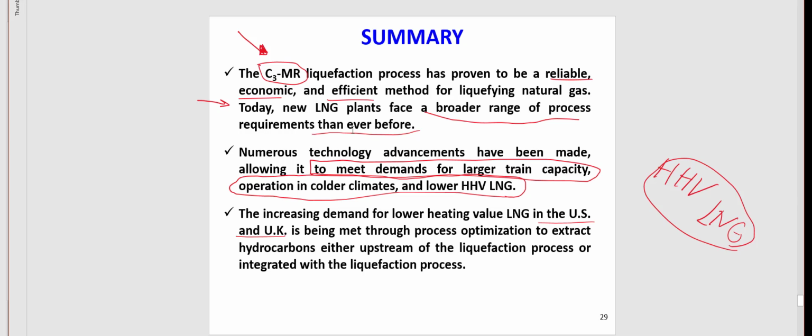This can be done by optimizing the process. We can optimize it to extract lighter hydrocarbons from heavier ones, either in the upstream liquefaction process, or by integration of the liquefaction process with some other units. This can be done.